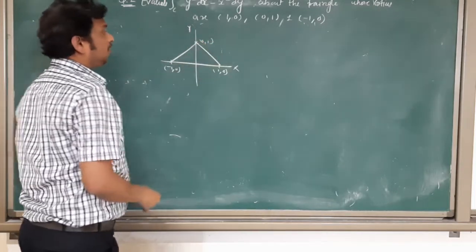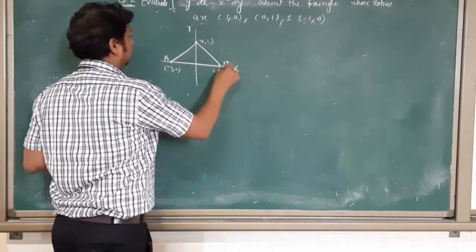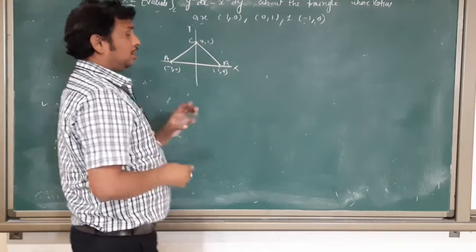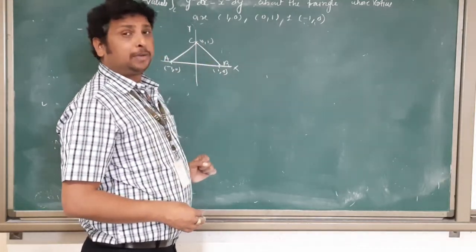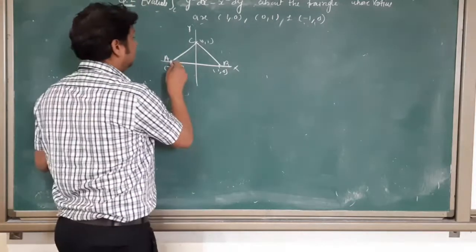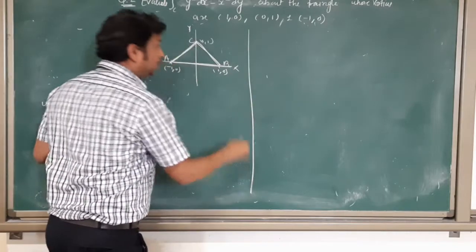So see, now we have 3 lines. If we call them A, B, C, remember this is a triangle, so there are 3 lines: AB, BC and CA. We have to integrate one by one.